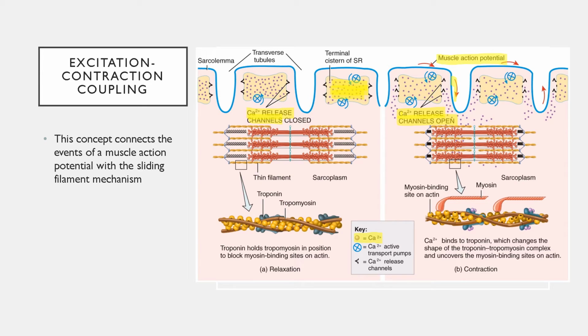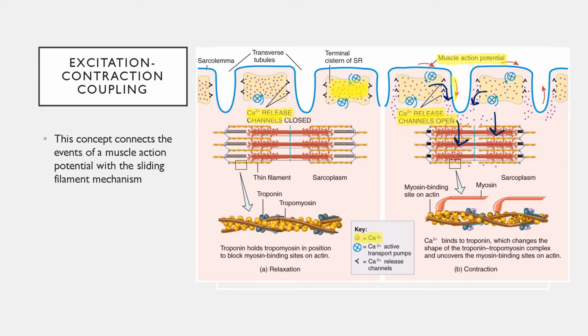So when these channels open, calcium flows out of the sarcoplasmic reticulum into the sarcoplasm around the thick and thin filaments. So we can see the calcium moving out into the sarcoplasm and then all around the thick and thin filaments here. As a result, the calcium concentration in the sarcoplasm rises tenfold or more.